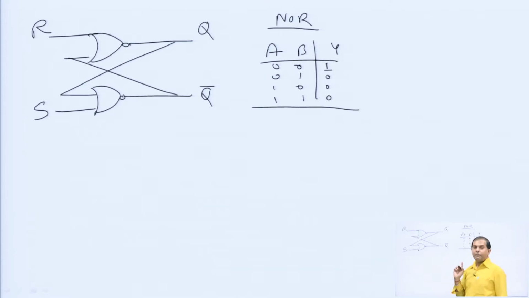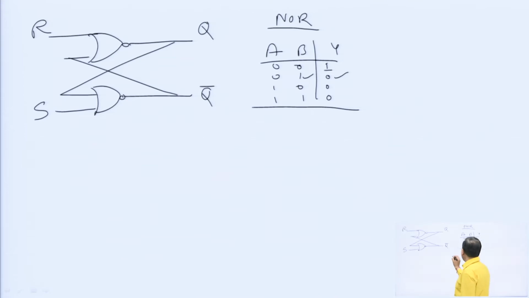So, the main important point from this we can check that if any one input is 1, the output will be 0, means in between A and B, if any of the inputs are high, the output will be 0, and this is the basic very important concept of SR latch.